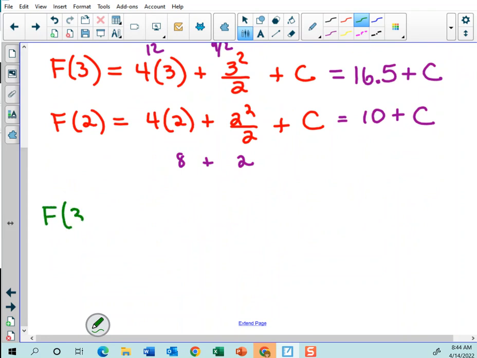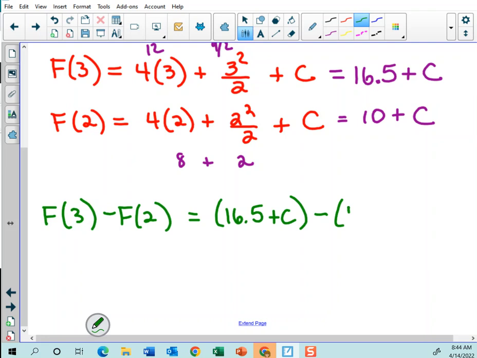And so when I subtract those, and I'm writing tons of steps here, I may not write all these steps every time I do a problem. My 16.5 plus c, my 10 plus c, I subtract.